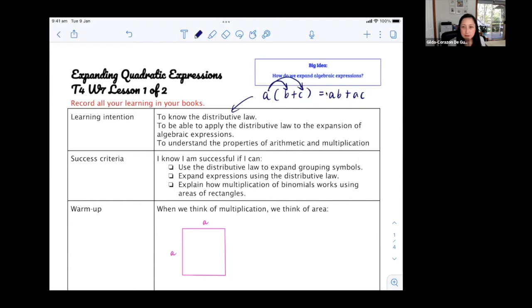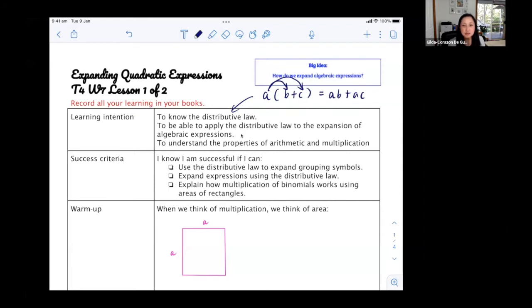But when we have quadratic expressions, that means we will have x squared or a squared, any variable raised to the power of 2. Those are what you call quadratic expressions. If you do this, it could be that a and b are x squared, and here it's more of two binomials that we want to multiply together.